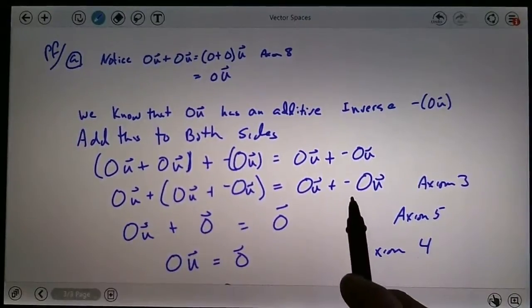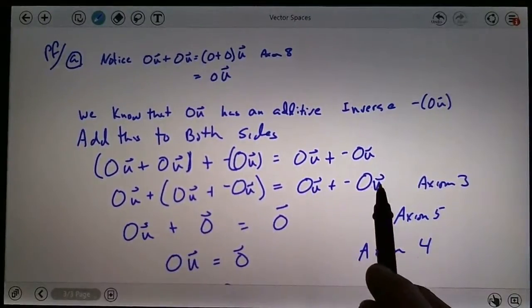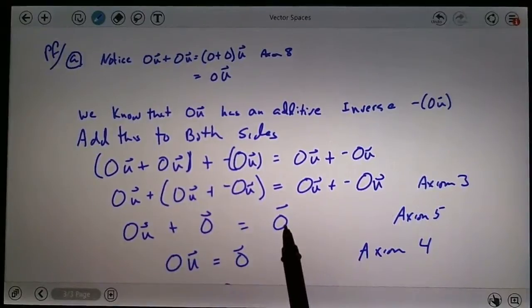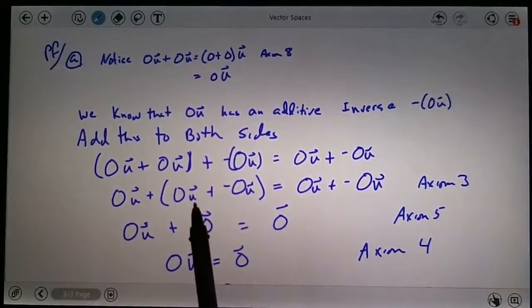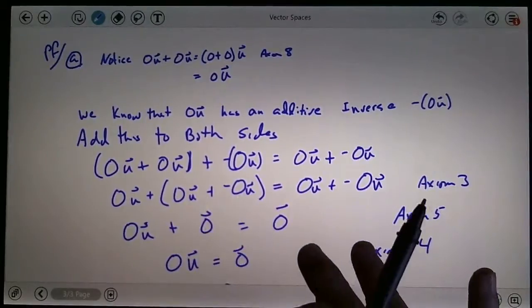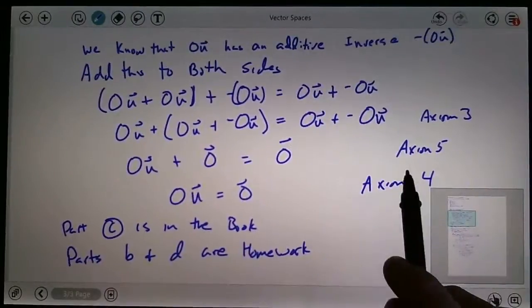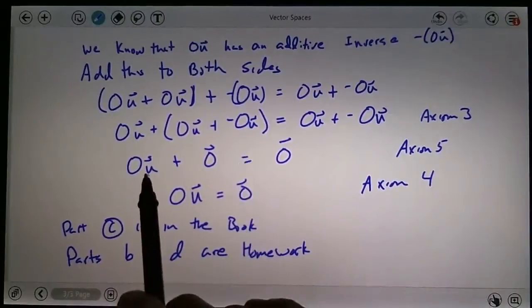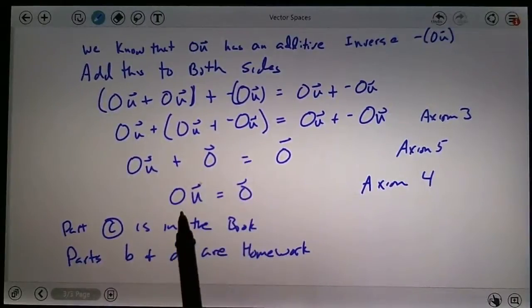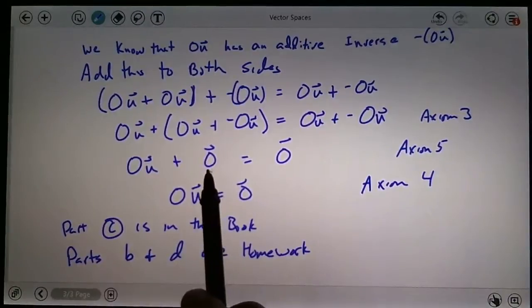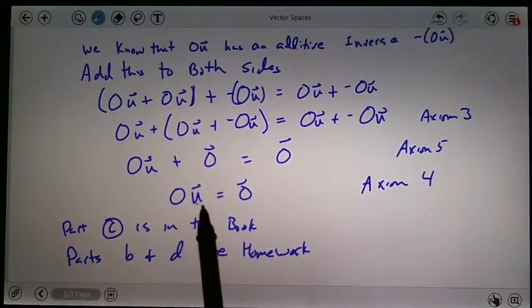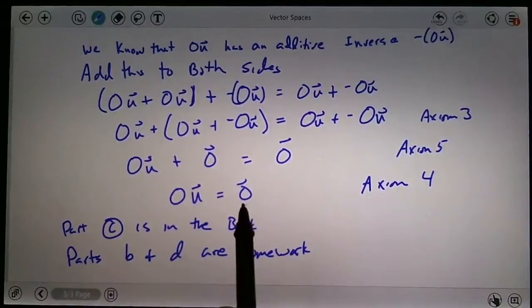And likewise here, this is 0u plus negative 0u. So that's the 0 vector. That's axiom 5. That is, a vector plus its additive inverse is the 0 vector. And then I'm going to say, oh, but 0u plus 0 is just 0u. That's axiom 4. That's what the 0 vector does. And so I have that 0u is equal to the 0 vector.